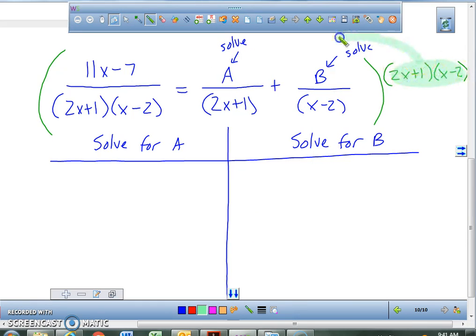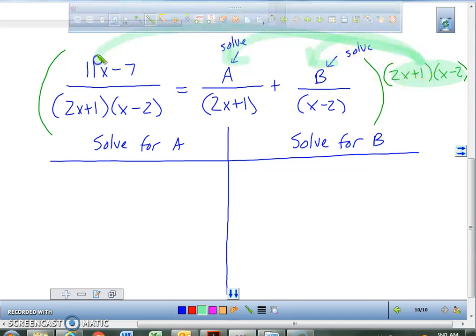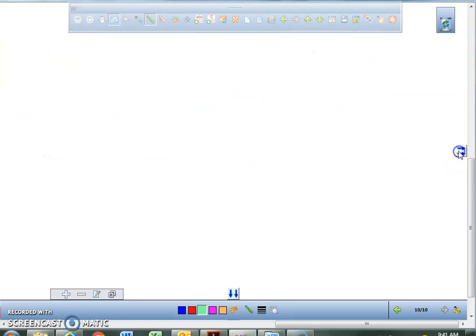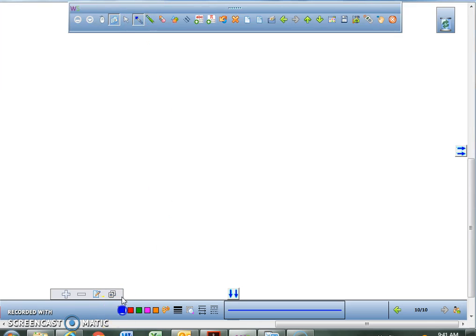So once again, I'm taking this, multiplying it to every single expression. In this first part, what's going to end up being eliminated right here in the denominators? Both of them. 2x plus 1 and x minus 2 will cancel out both of those. So what are we simply left with? 11x minus 7. So I'm going to move over here and I'm going to write 11x minus 7. That's going to be our first product.